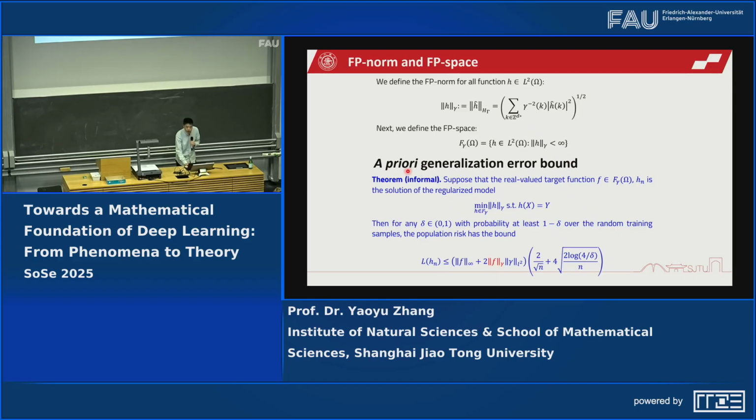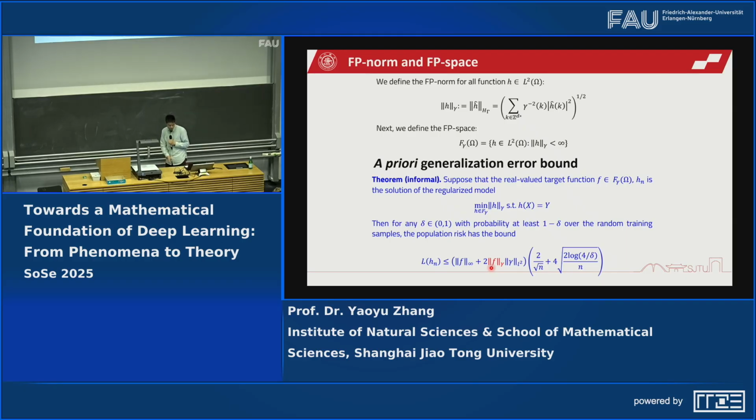The a priori means I'm allowed to use the information of the exact target to estimate the generalization error of my algorithm. And then what you can show is that the FP norm of the empirically learned function will never be greater than the FP norm of the target function.